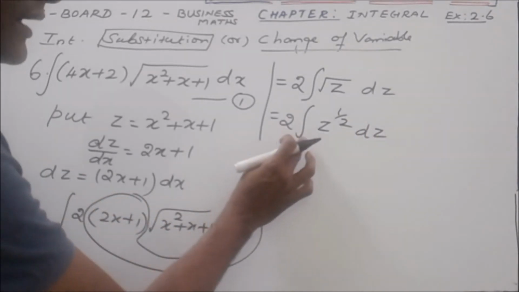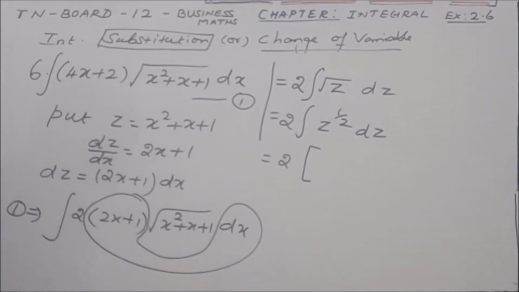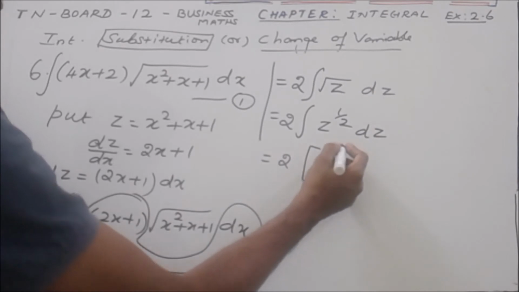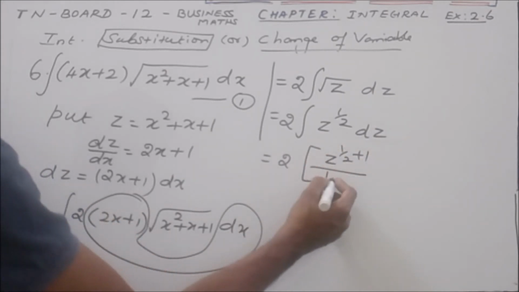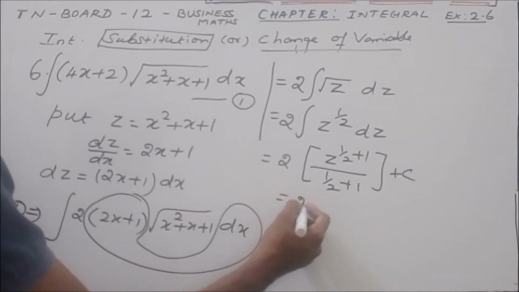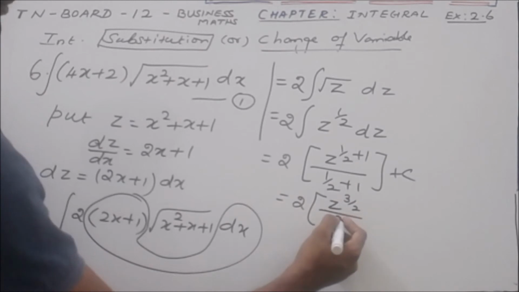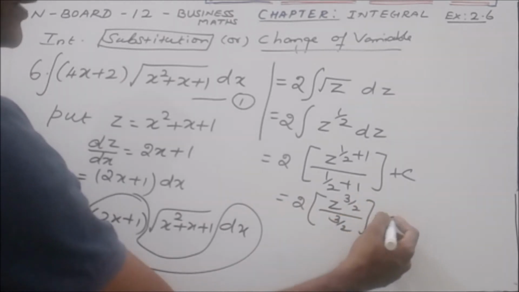This is in the form of integral x power n, so you can go with the formula x power n plus 1 by n plus 1. That gives z power 1 by 2 plus 1, divided by 1 by 2 plus 1, plus c, which is equal to 2 into z power 3 by 2 divided by 3 by 2 plus c.